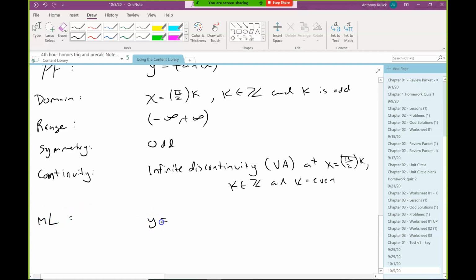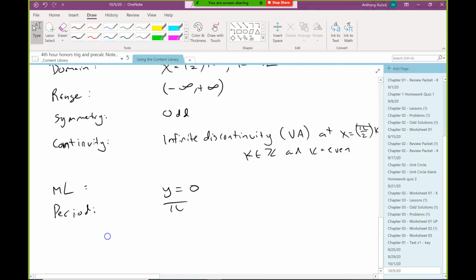The midline is y equals 0. The period, this is the thing that most students make a mistake on, is pi, not 2 pi. So make note of that. It's very easy to get going and forget that the period for tangent is pi and not 2 pi.